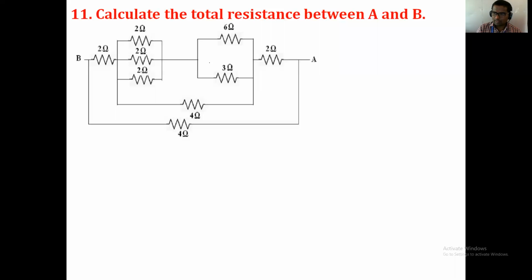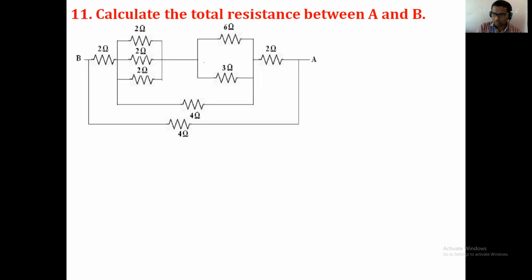Okay, that I can tell you. Definitely I will help you. You mean that these 2 ohm, these 2 ohm and these 2 ohm are connected in parallel, so we have to calculate their total resistance. Again, this 6 ohm and this 3 ohm are connected in parallel; we have to calculate their total resistance. Then the total resistance of this parallel combination and the total resistance of this parallel combination are connected in series.